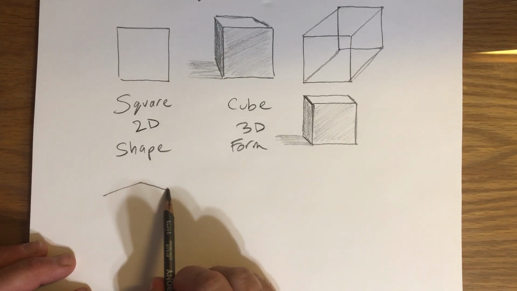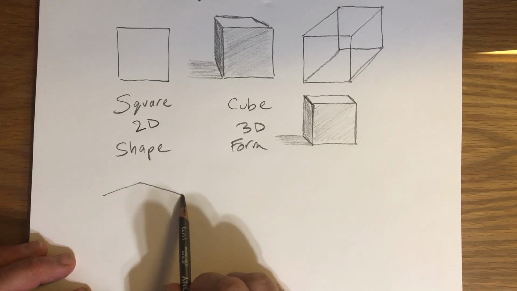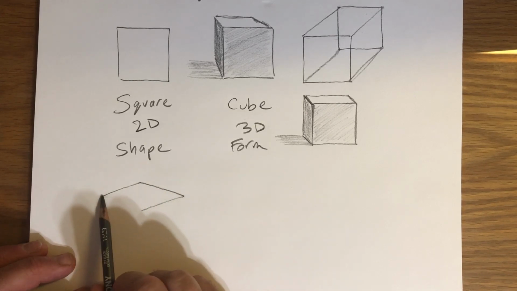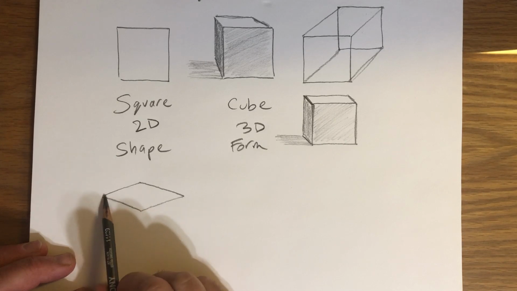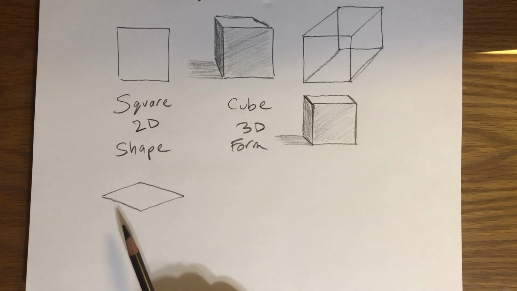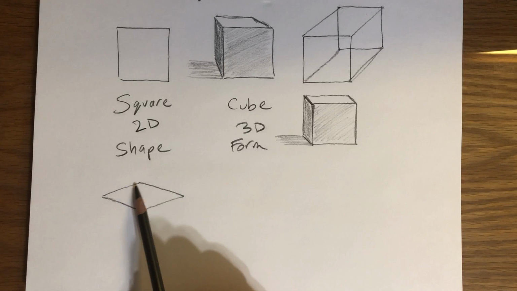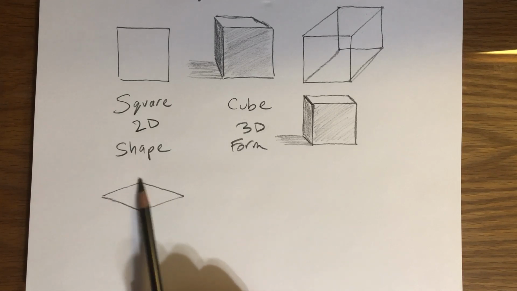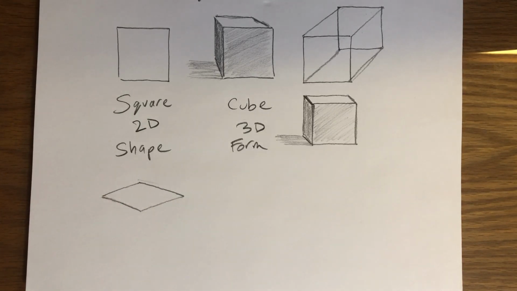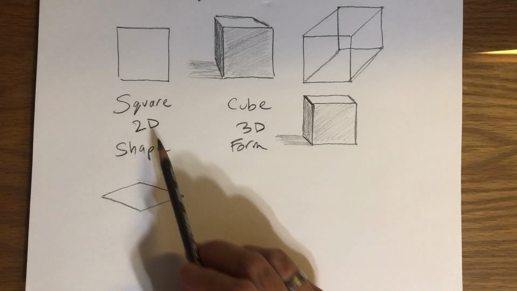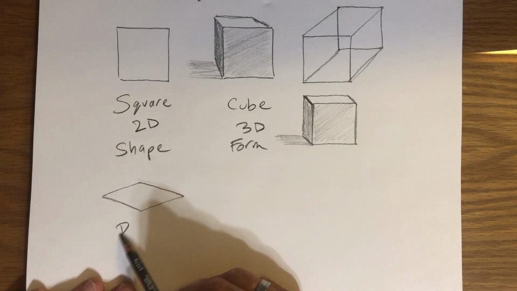So you're going to make a diamond shape, or a parallelogram, if you will. You're basically going to draw two parallel lines here and two parallel lines there. Okay, that's still a two-dimensional shape. It's not a square. We'll just call it a diamond.